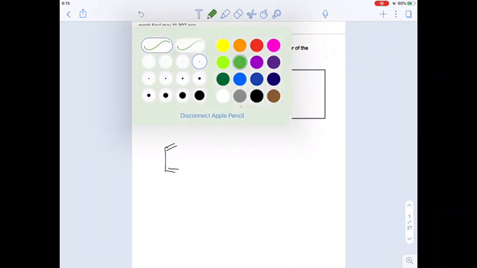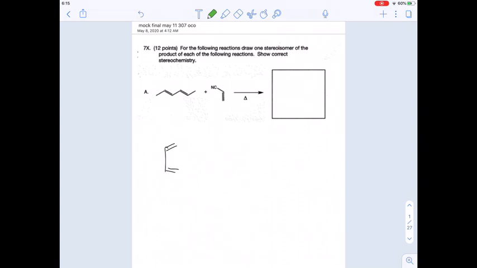Okay, so the first thing I like to do is draw the template as I know it's going to look. And then I like to go in and fill in the H's on my original trans diene. So looking at the first double bond, I'm going to draw in the H's. Whenever you look at a double bond, there's going to be two things coming off of either side, right? So if the carbon is coming down this way, the H has to be up here.